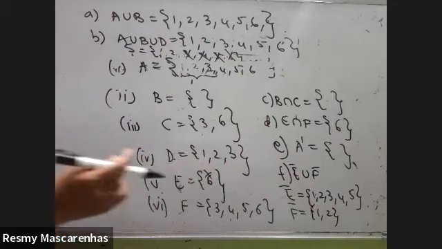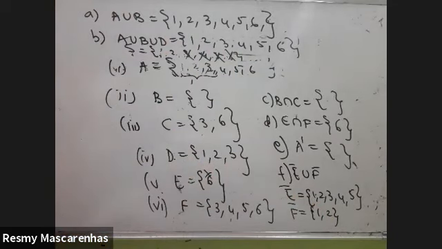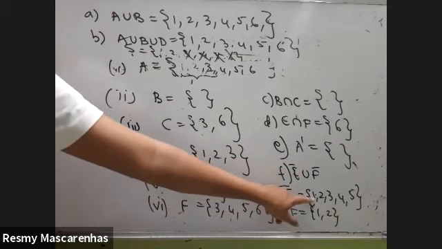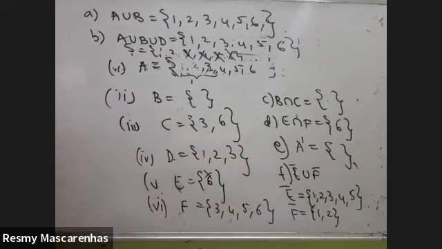And then combine these two. Union means you have to combine E bar and F bar. So what will be the answer? 1, 2, 3, 4, 5.